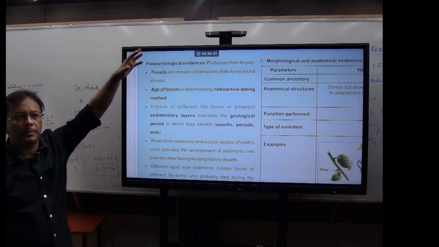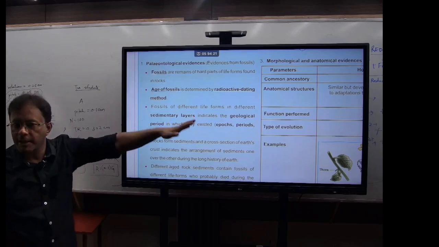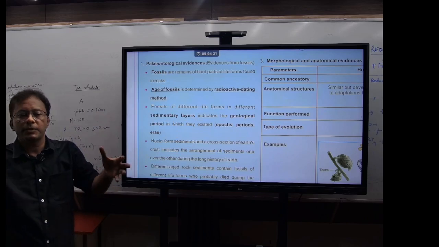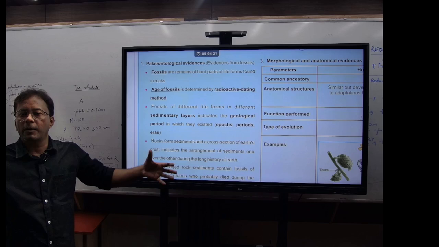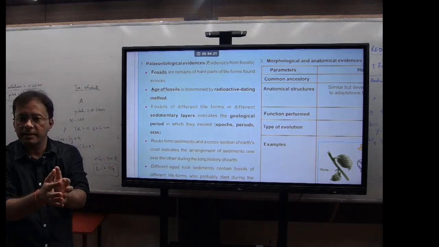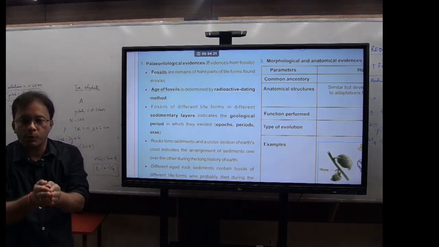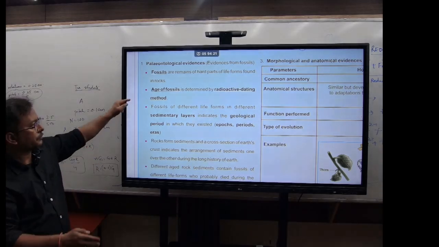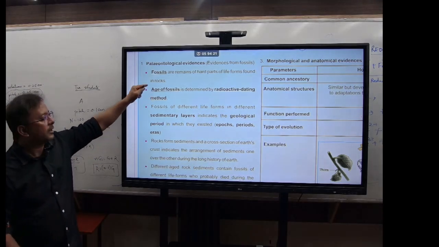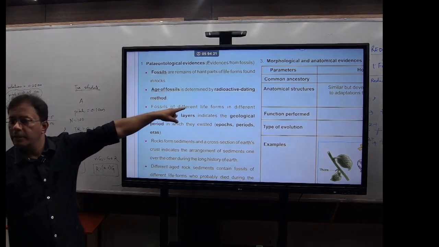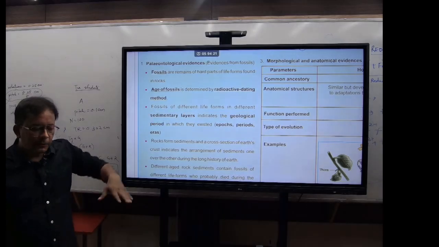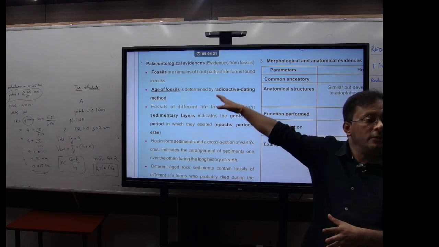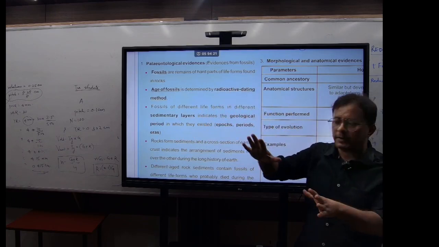When an animal or a plant dies in the right place at the right time, there's a chance that, because of pressure and everything, it can be converted into molds, and these are what we call fossils, right? We can determine the age of the fossils by using the radioactive method. And if you accept the radioactive methods are correct, we can also accept that the fossils are very old, correct?